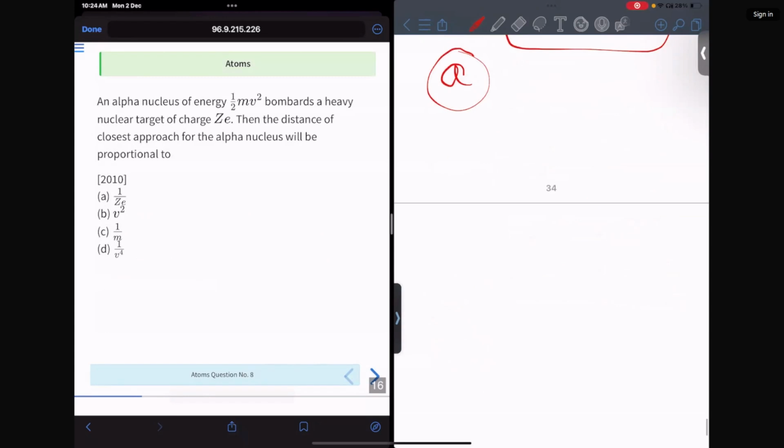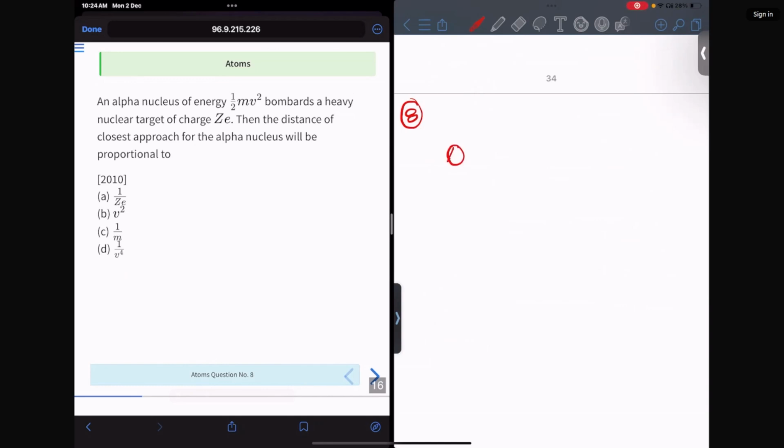So with this, I'll move to question number 8. Question number 8 says, an alpha nucleus of energy half mv square bombards a heavy nuclear target of charge Ze. See, again, the same question. They had an alpha nucleus which had a kinetic energy of half mv square.